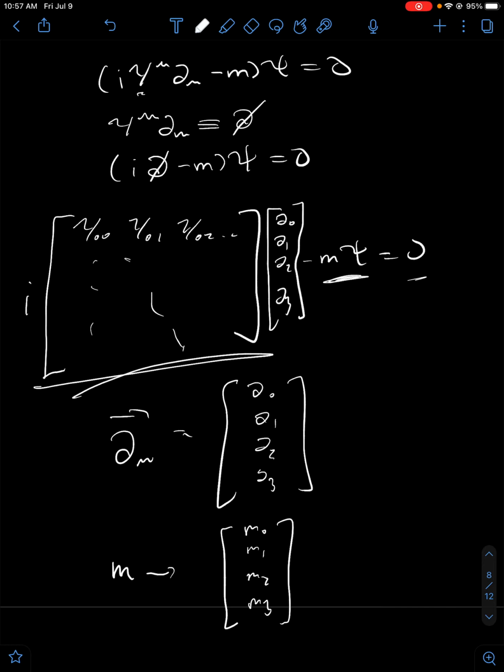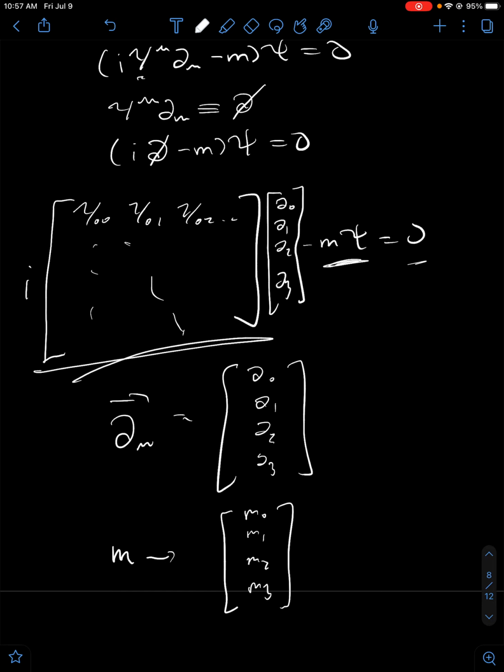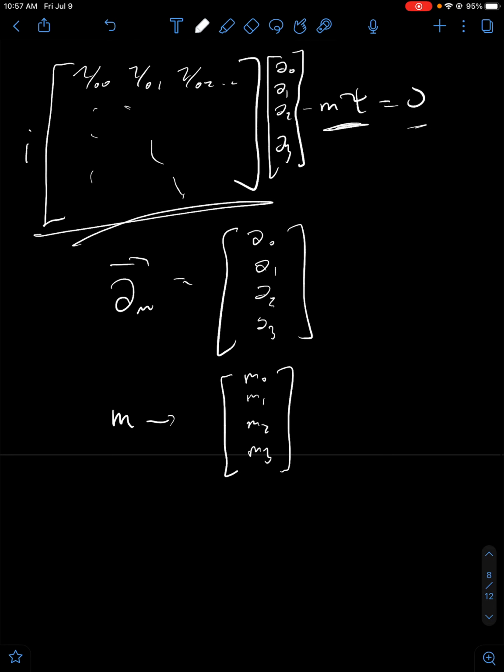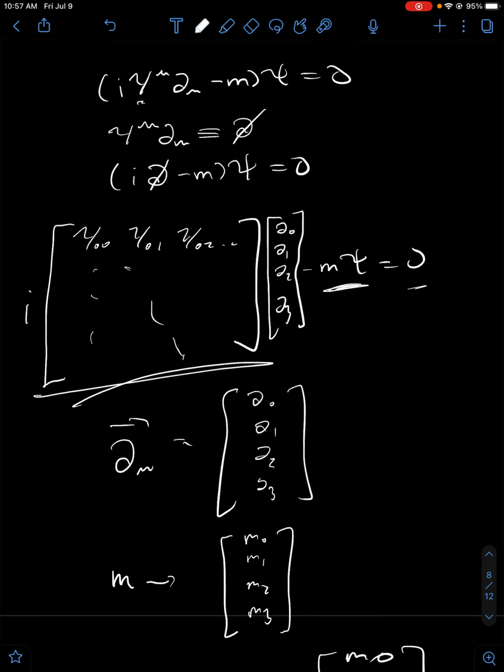That doesn't make any sense. So the alternate route is to let mass be a constant, but change it to mass times the identity matrix, with m, 0, 0, m. So we multiply mass by the identity matrix so that we have a matrix here. And all of that times psi should equal 0.